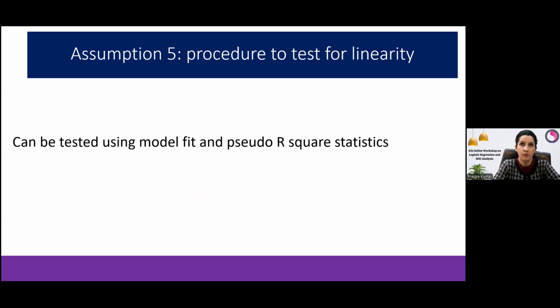We'll learn more about how to check the assumption. If the model fit criteria, the omnibus model test value, is significant, and the R-square statistic is between 0.2 and 0.4, then we say that yes, the linearity assumption is met.